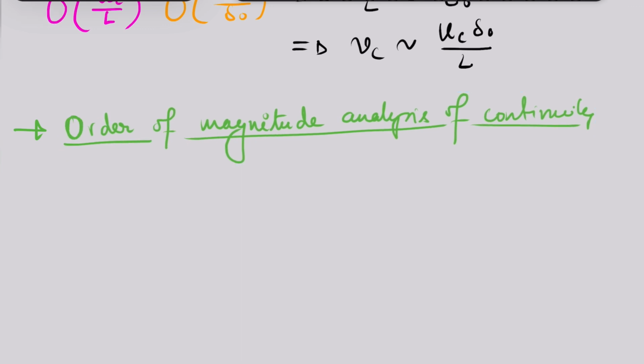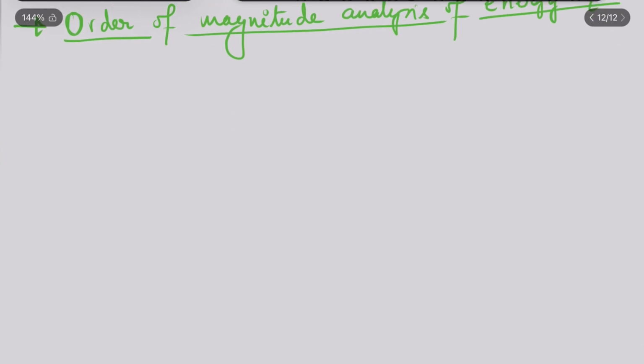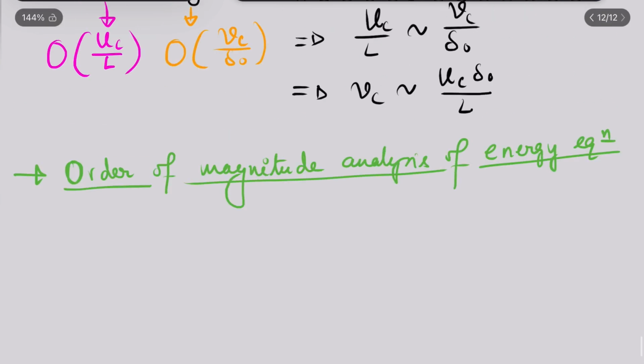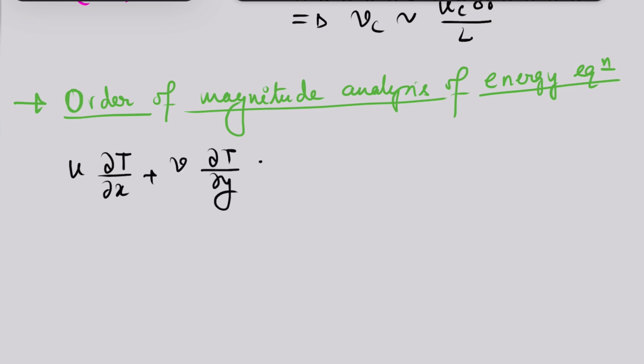Now order of magnitude analysis of the energy equation. What is the energy equation? U into del T del X plus V into del T del Y is equal to this term.